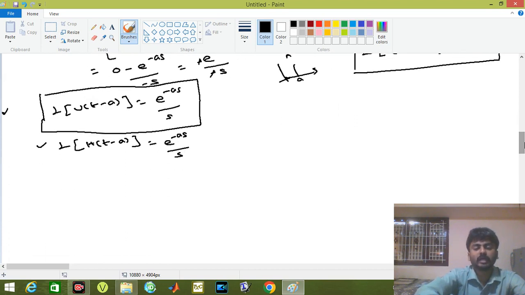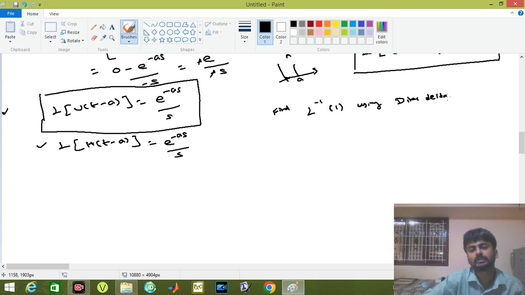Suppose you are asked to find L inverse of 1 using the Dirac delta function.